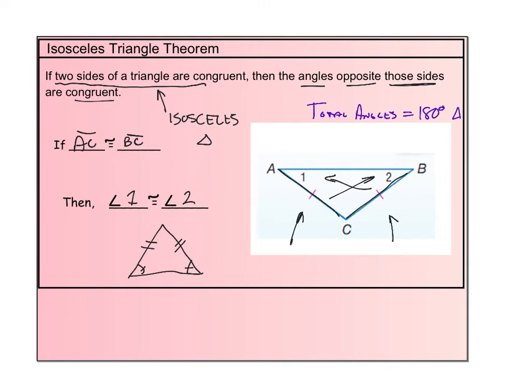This is a fact that's going to help us in using this. If I have an isosceles triangle, the opposite angles, sometimes called base angles, are going to be congruent.